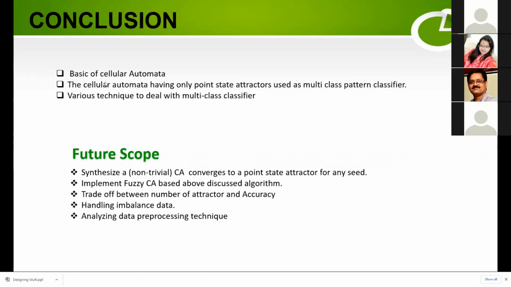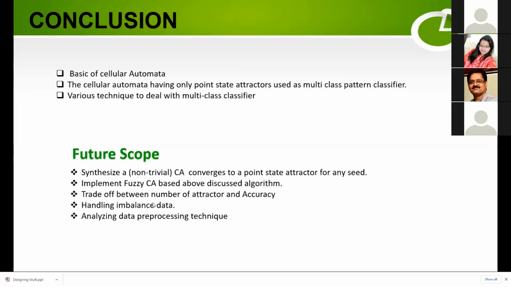So in this presentation, we discussed the basics of cellular automata, how we can implement a multi-class pattern classifier, and how to deal with the various shortcomings of the CA-based pattern classifier. However, we can still improve performance using fuzzy-based CA, and we have scope to improve accuracy using a trade-off between the number of attractors and accuracy with some objective functions.